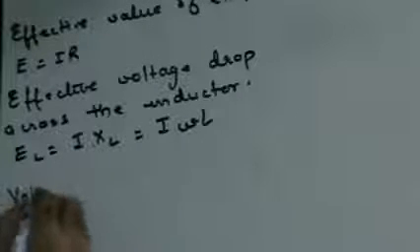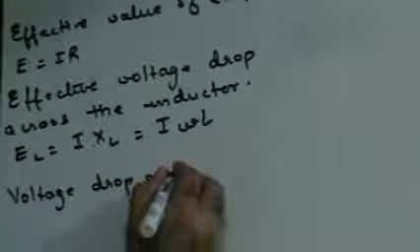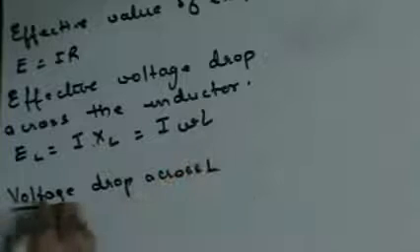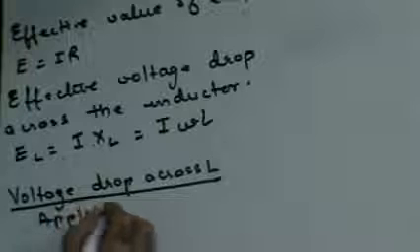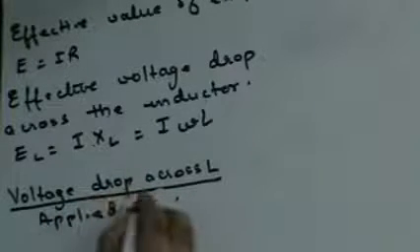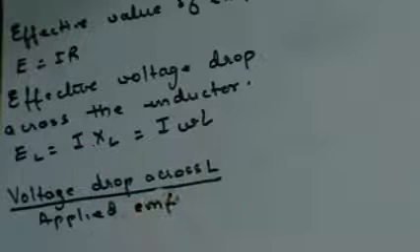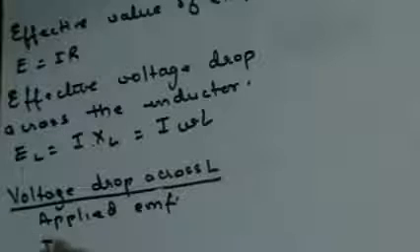Now, if I divide the two, that means if I divide the voltage drop across L by the applied EMF, the voltage drop across L, we said, is I omega L. Applied EMF we know is nothing but IR.